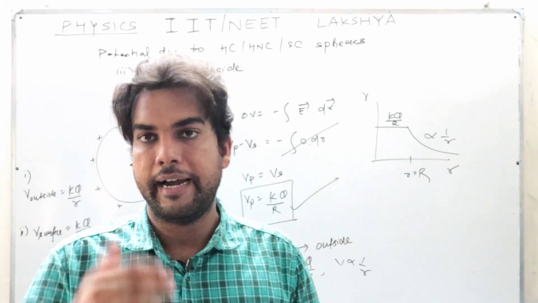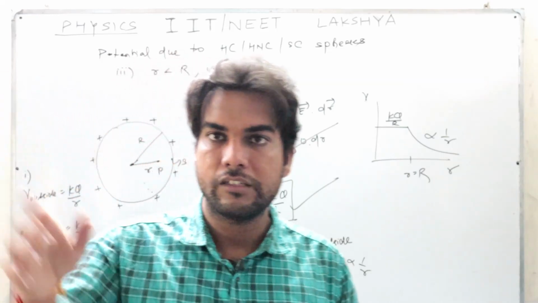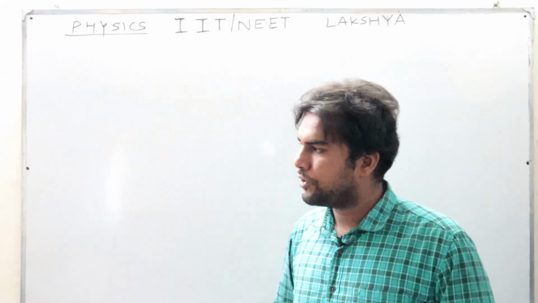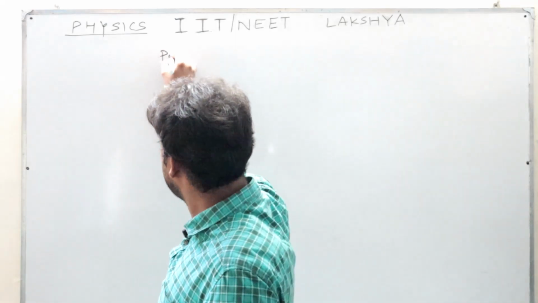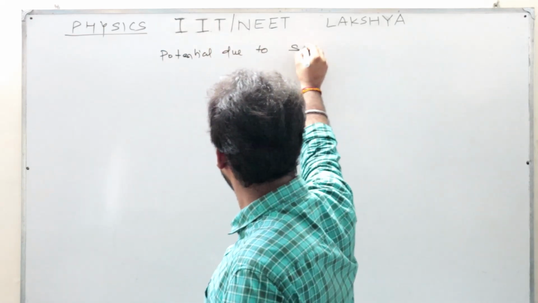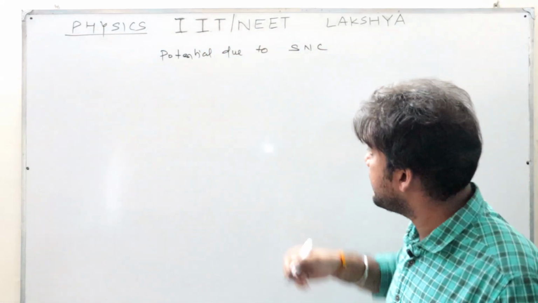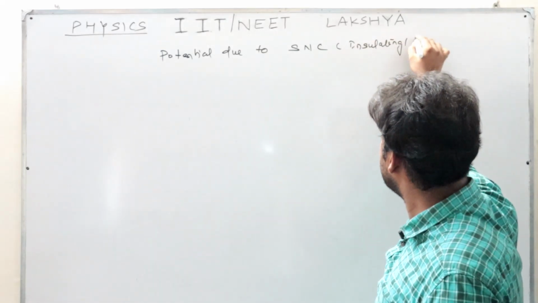Note it down, and I move to the next case after this, which is solid non-conducting spheres. So now let us discuss the case of solid non-conducting spheres, that is potential due to solid non-conducting sphere. It is also known as insulating sphere, or you may also call it as dielectric.